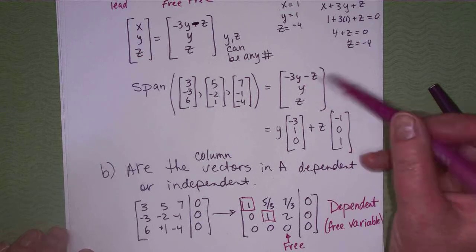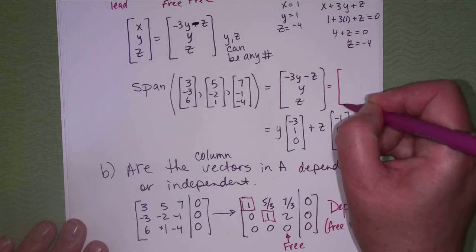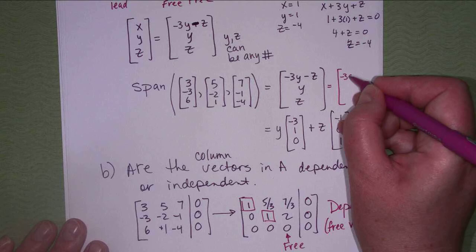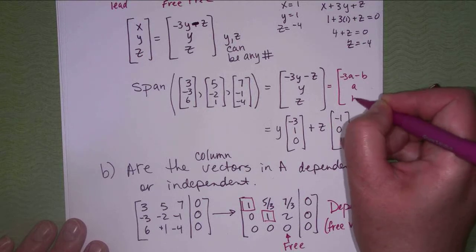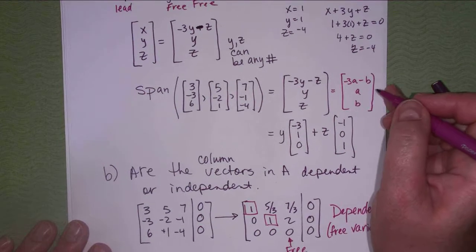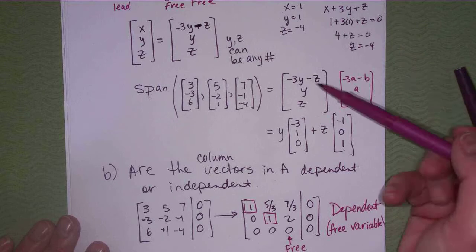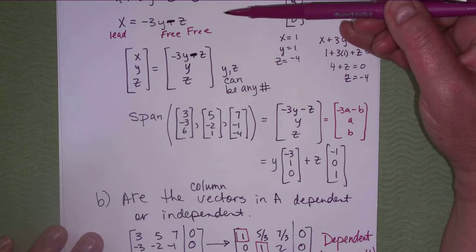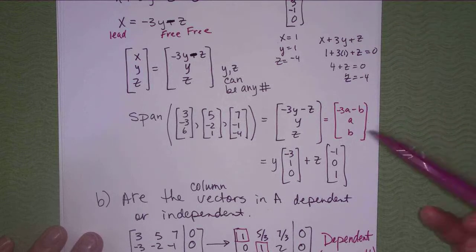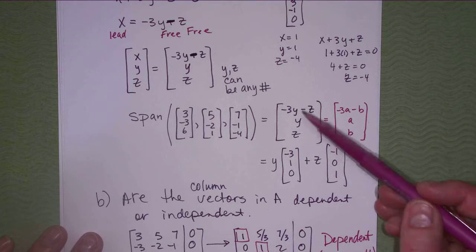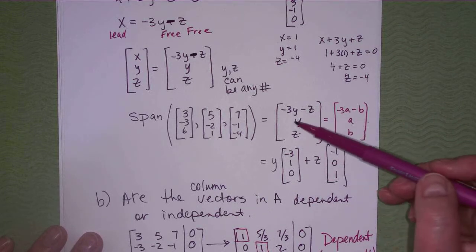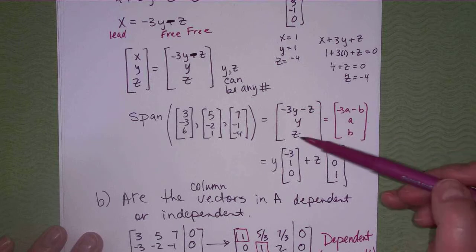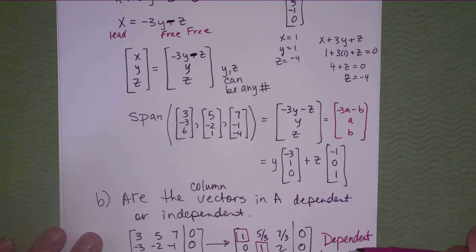So you could write -3A - B, and then A and B. That would also work. The other thing is, if we went back up to where we solved for x, if you solved for z, then that would be in the last one, and these would be your A and B. If you solve for y, then the y would have a little equation. So you could actually solve for anything.